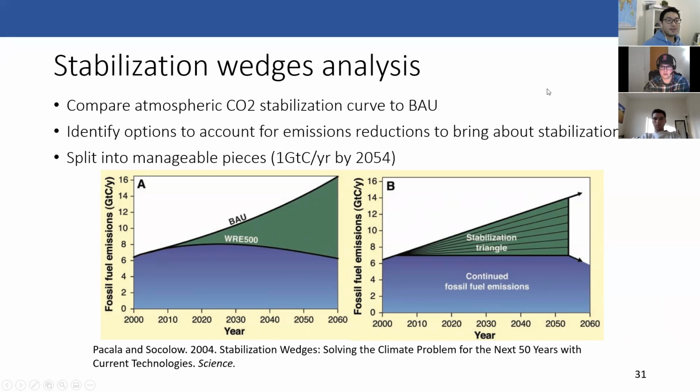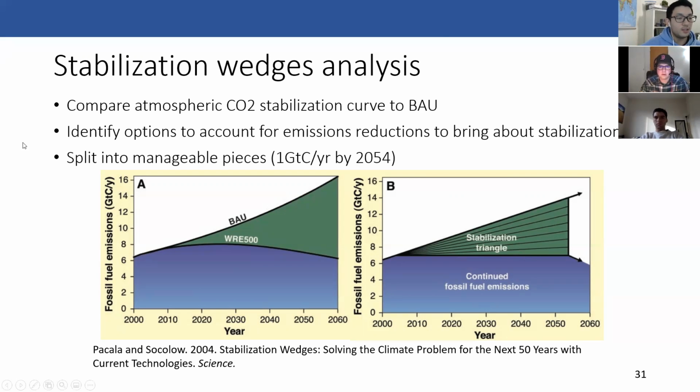The idea of the stabilization wedges, which is specific to problems of this context, is that you can introduce specific mitigation measures. Like, let's say, what if I have a policy to increase the adoption of electric vehicles? What if I have a policy that requires renewable power deployments?